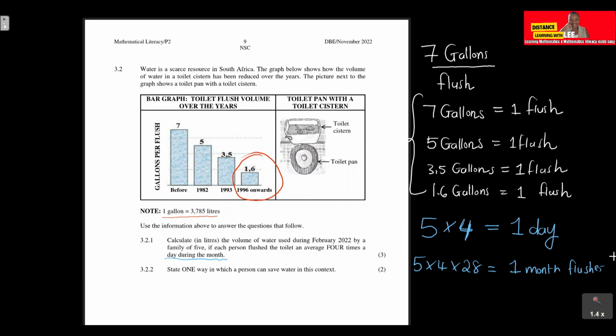So that is what we're going to do. That is our first step, just calculating how many times this family flushed the toilet in 1 month. So let's quickly do that. This is question 3.2.1.